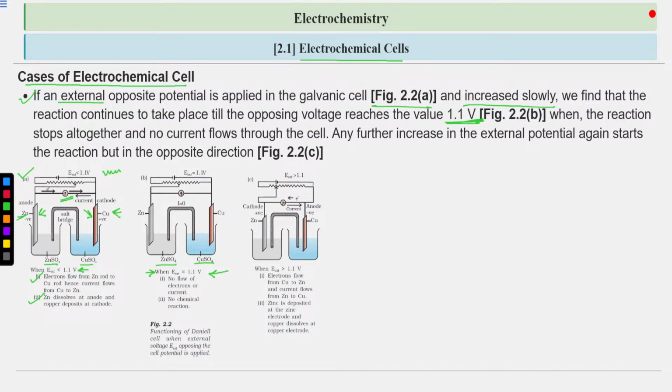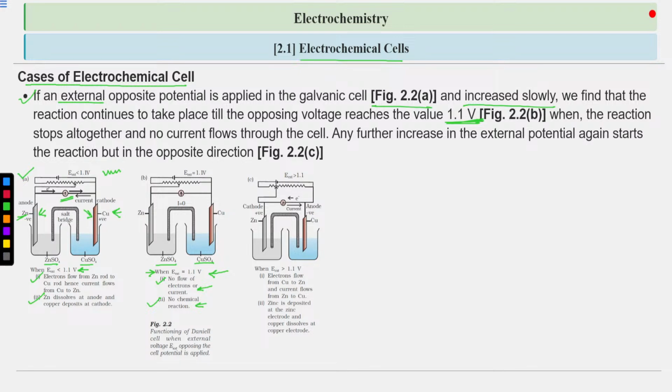Then what will happen? There will be no flow of electrons or current, and no chemical reaction will happen, because if no current is flowing and no electron is flowing, no chemical reaction is going to happen. The reaction stops altogether and no current flows through the cell.